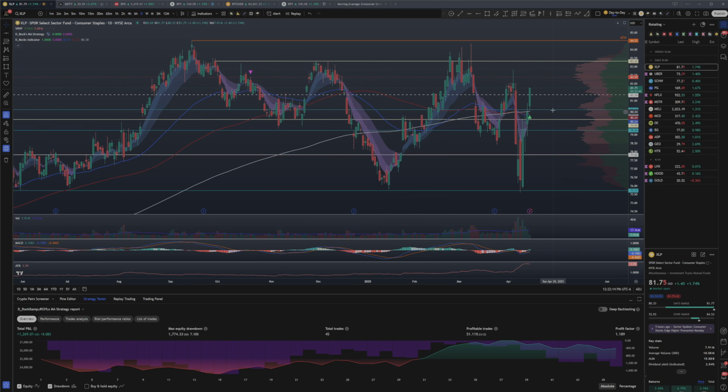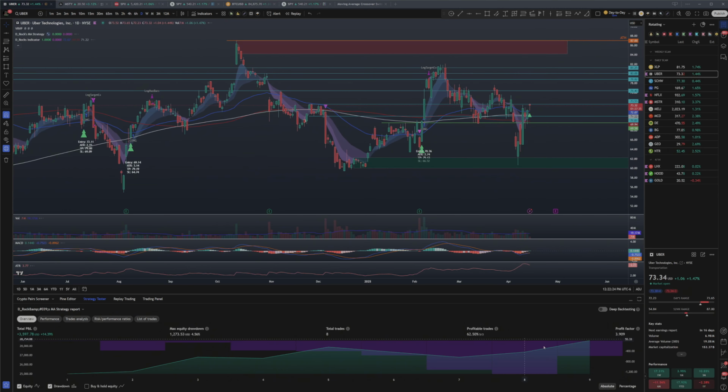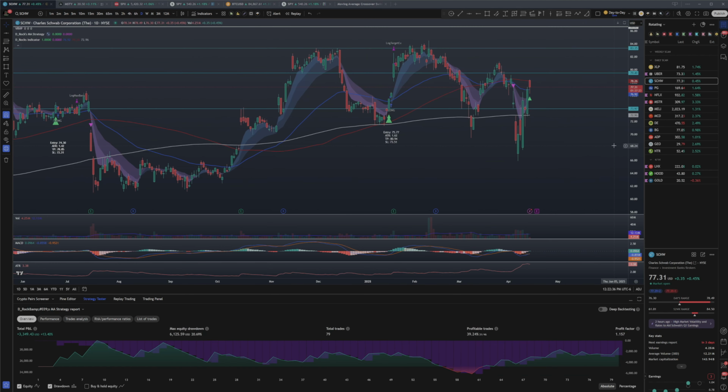Is there a theme here? Is there some fundamentals behind it? Is there a good performance track record on this strategy? Because if there's not a good track record on a strategy, if it's losing more than it's winning after a really solid amount of trades, then I'm just going to say no, thank you, and move on.